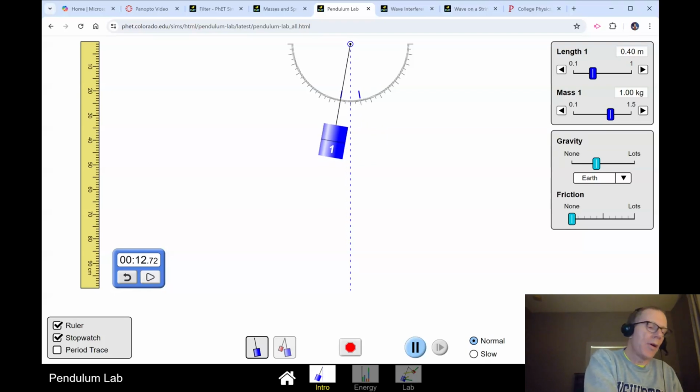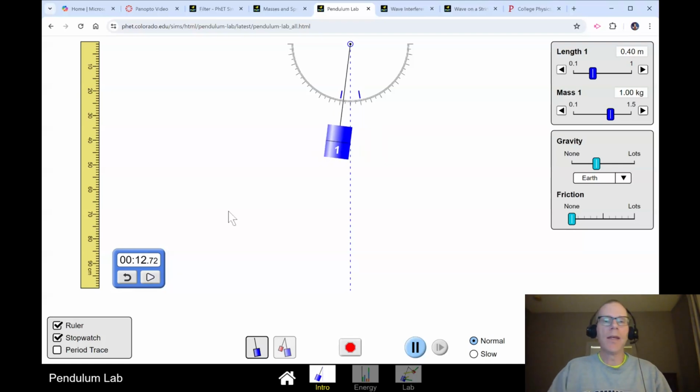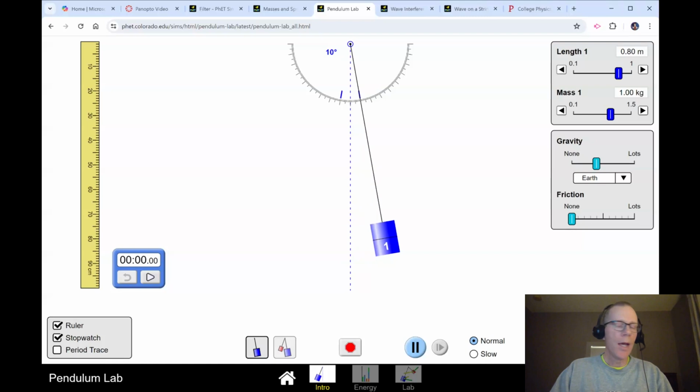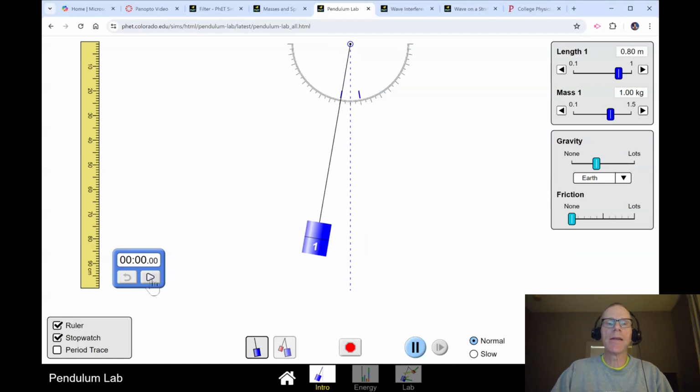All right, so I got 12.72 seconds. So that is a longer time than when we had 0.2 meters. So now we're going to go to 0.8, and you can probably guess whether it'll be longer or shorter. And I'm going to time 10 oscillations again.